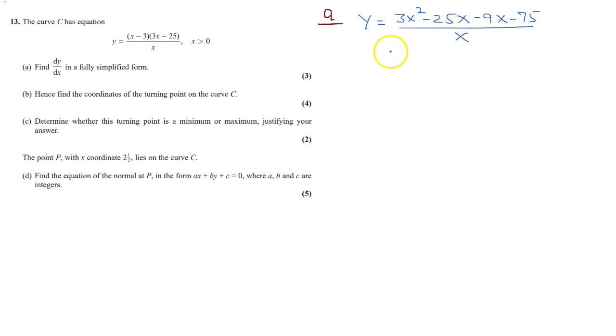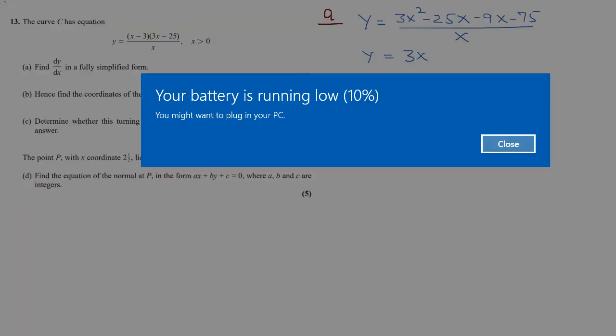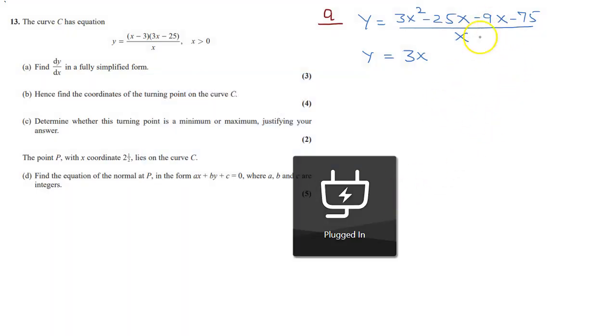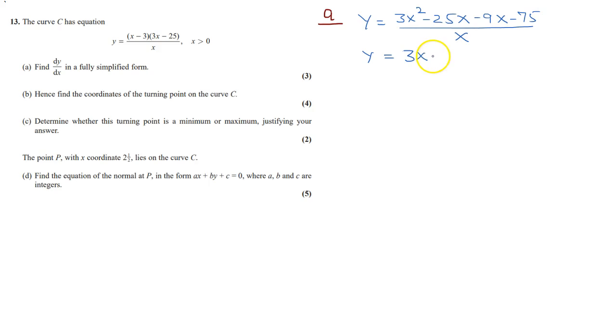over x. So y will be 3x square over x, which is 3x, then minus 25x minus 9x will be minus 34x over x, which is minus 34.